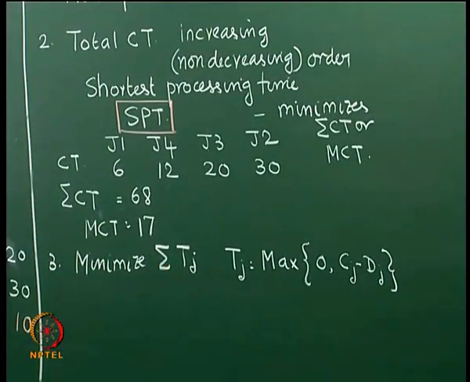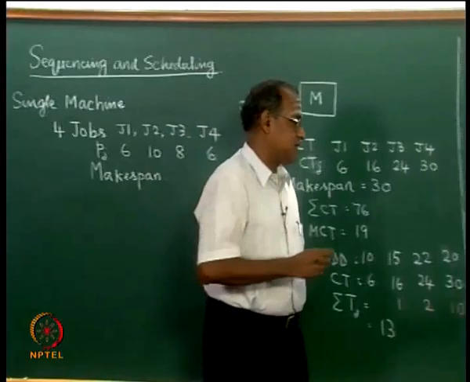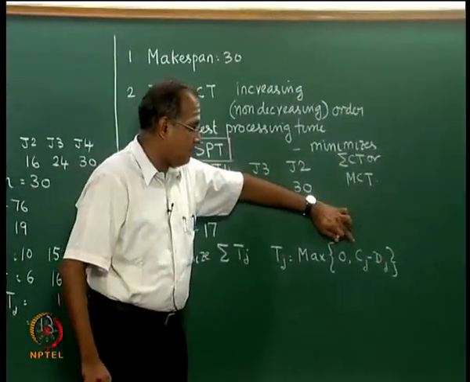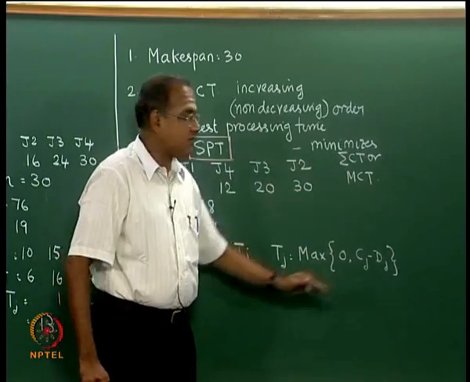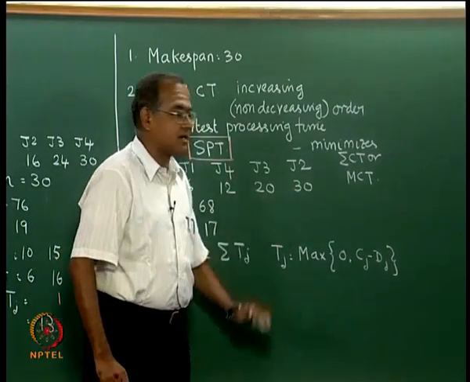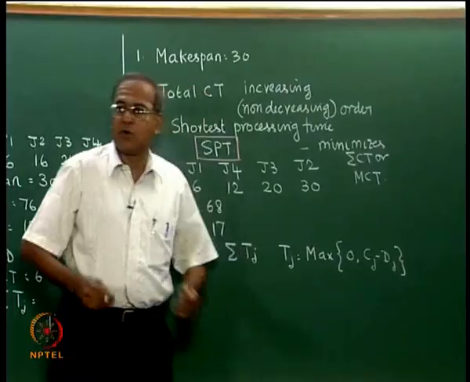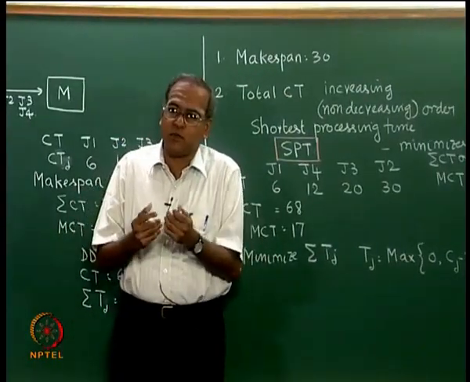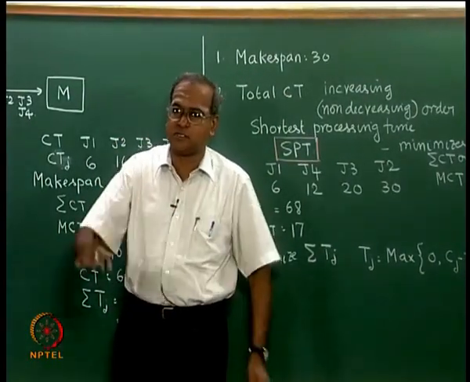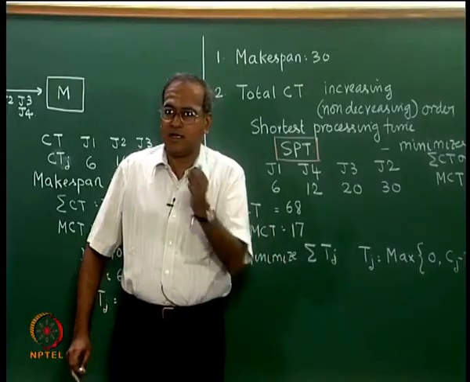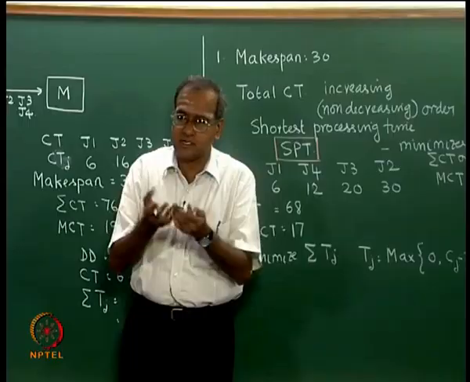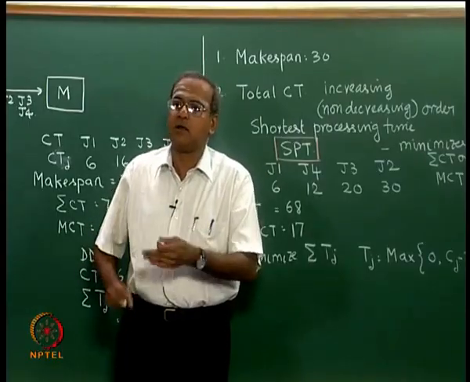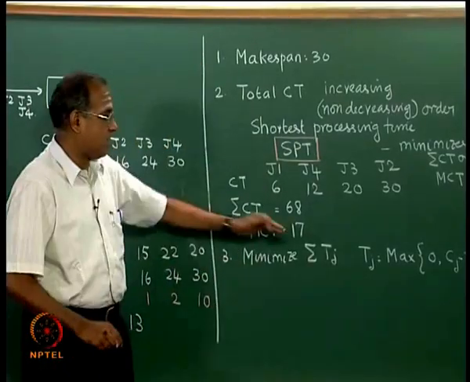Now the tardiness has two terms, which is the completion time term as well as the due date term. Since we want to minimize the total tardiness, we would like to begin with, we would like to arrange or sequence the jobs in non decreasing or increasing due dates and hope that such a sequence will turn out to be optimum. So let us first evaluate that.